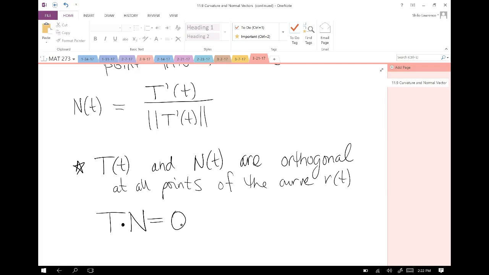There's two formulas for dot product. There's a geometric formula that uses cosine, and then there's an algebraic formula that uses multiplying corresponding components and adding the results. So to say that they are always orthogonal means dot product equals 0.